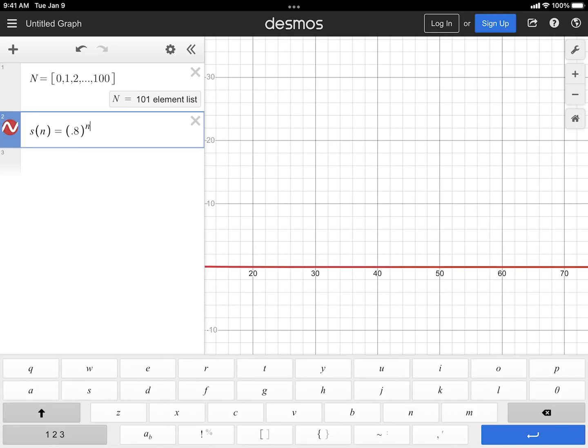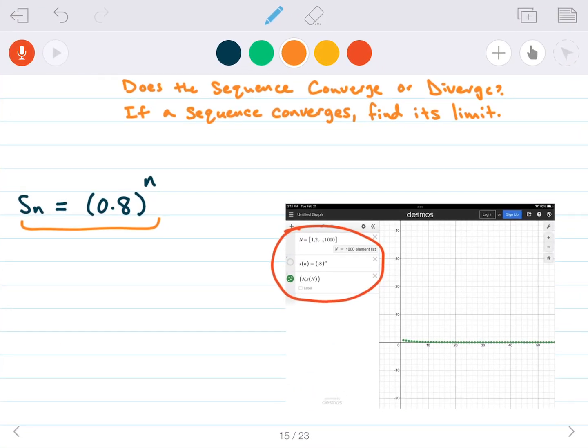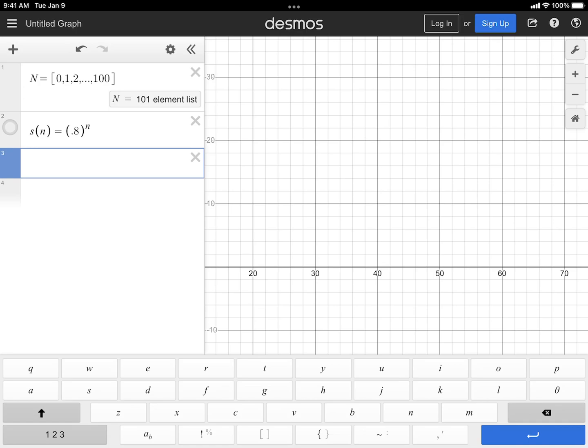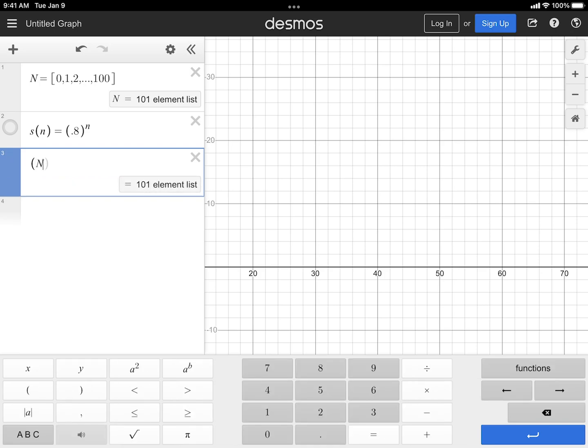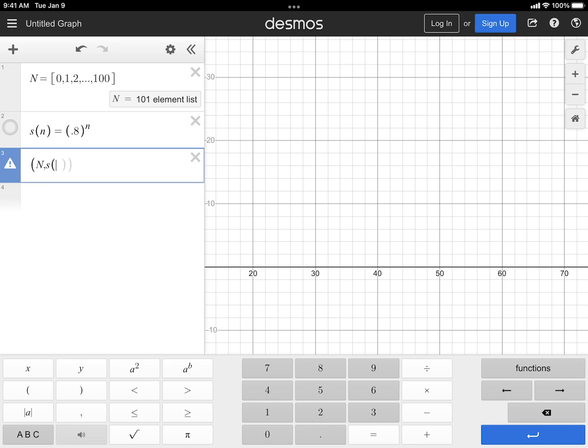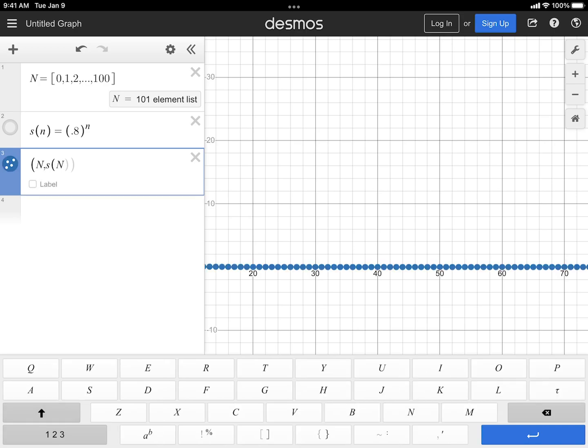And I'm going to uncheck that so that the graph doesn't show up. And the last part is I'm going to now create the points by inputting capital N, comma, S of capital N as an ordered pair. So we have capital N, the nth term in my sequence, and then S of capital N. I keep saying sub when I mean of.